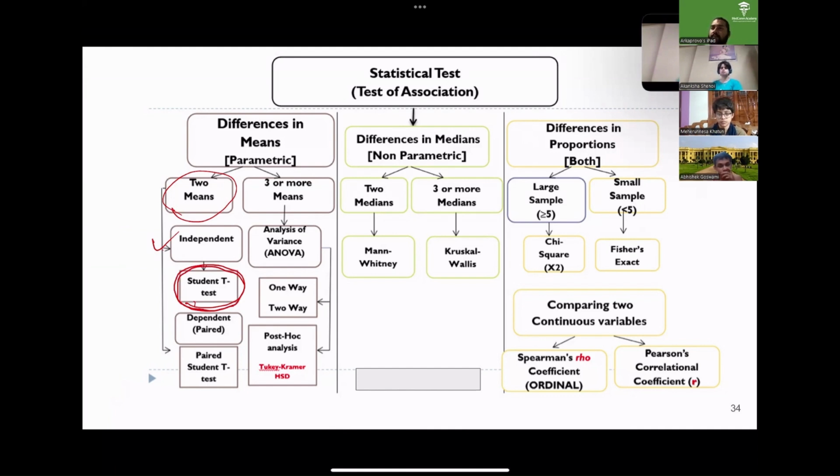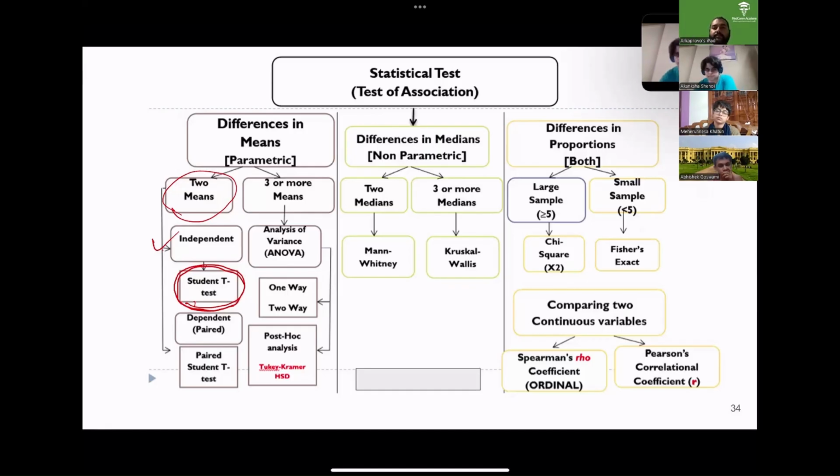Got it? When is student t-test applied? We are comparing two independent populations, and we are comparing their means. This is conceptual, absolutely conceptual, and it's a very easy way of getting your marks. Where to apply which test.